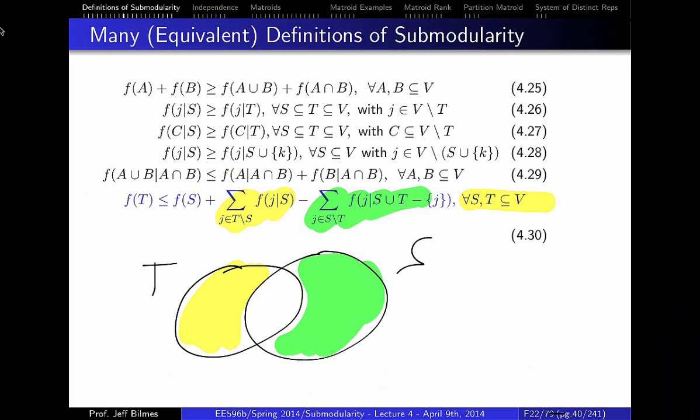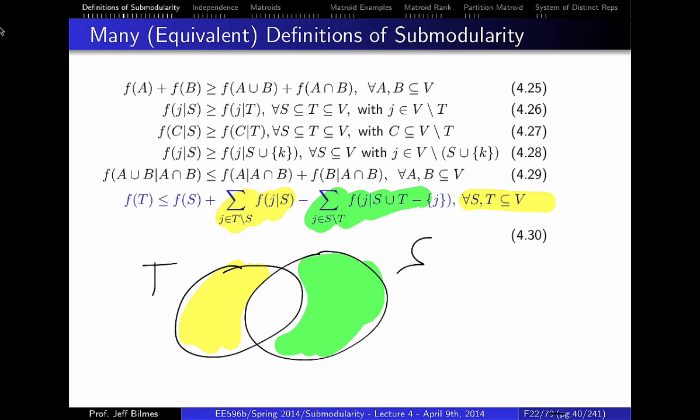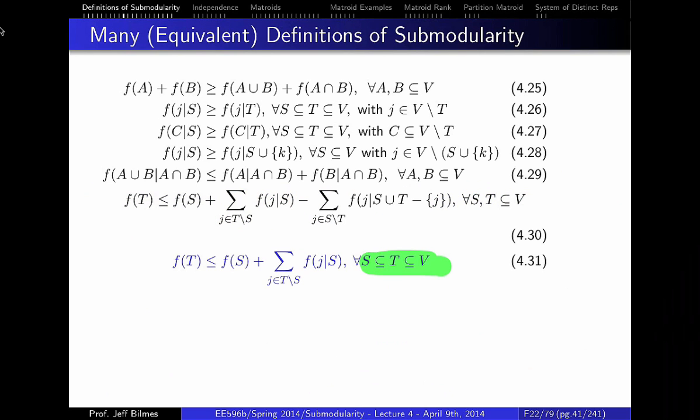But in any event, what if it was the case that S was a subset of T? Then all this stuff over here doesn't exist, and if that doesn't exist, then we just get this equation here.